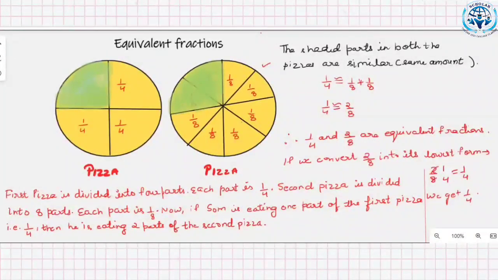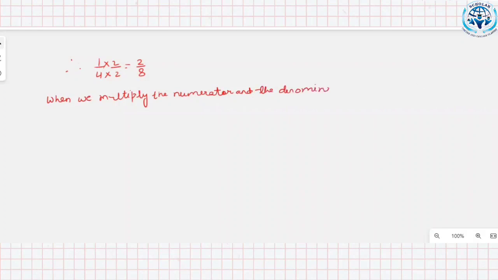We get 1 by 4. Now, converting a fraction into an equivalent fraction. If we multiply the numerator and denominator with 2, we will get 2 by 8. That means multiplying the numerator and denominator with the same number is the way to get the equivalent fraction.